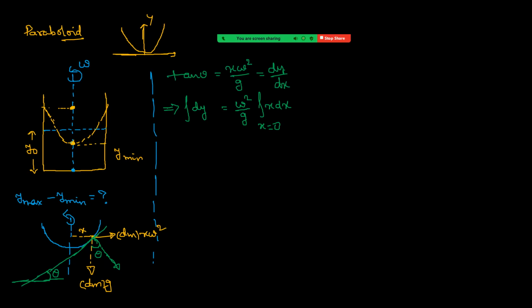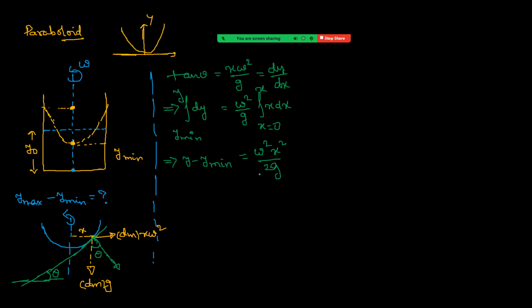It is y minimum. And when it is x, take it as y. Now simplify this. y minus y minimum is equal to omega square x square by 2g. Right?